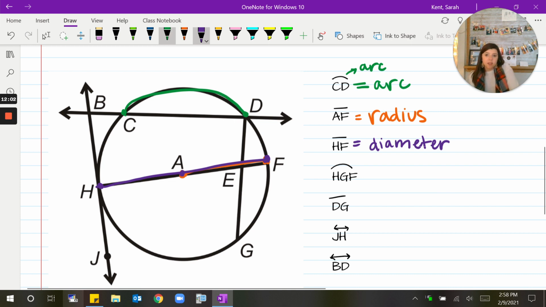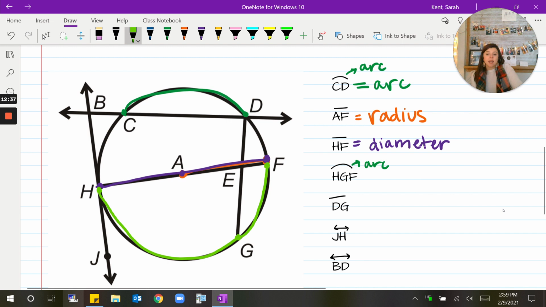Here we have another symbol for an arc, and we want HGF. So that means we need to hit all 3 points in order. So I want to start at H, then here's G, so I want to go H around to G, and then I want to end at F. So if I look, I start on one side of my diameter and I end on the other side.